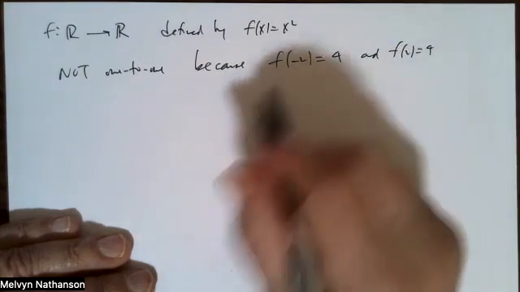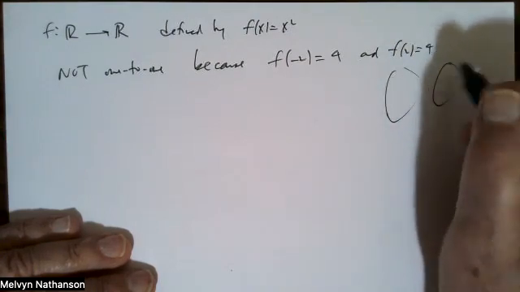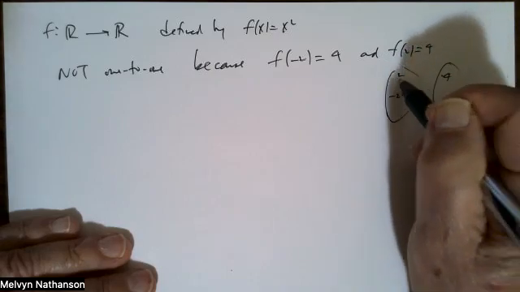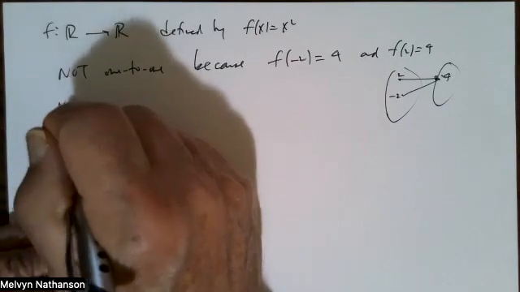You're squaring. So minus 2 and plus 2: here's 4, here's 2, here's minus 2. But squaring sends them to the same value.